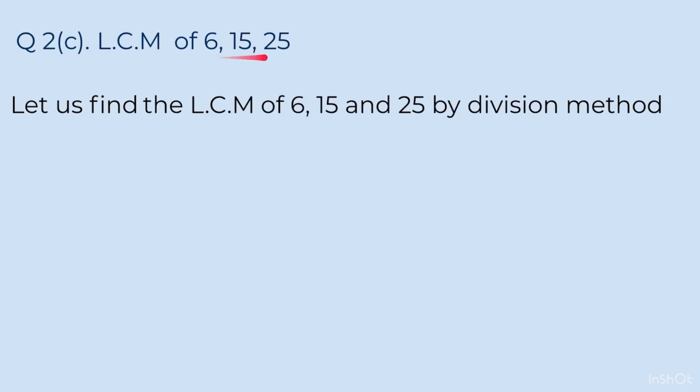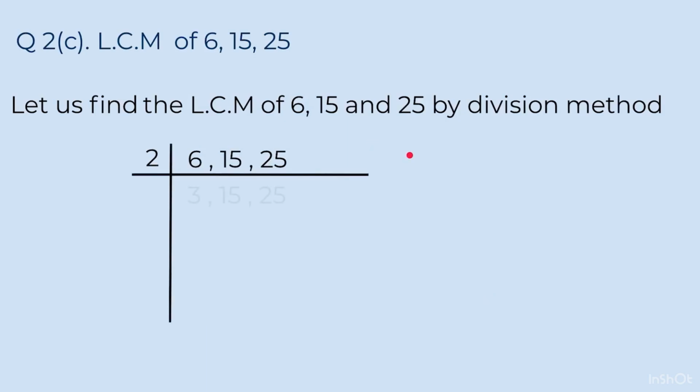LCM of 6, 15 and 25. We'll start by dividing by 2. We get 3. 15 does not divide, 25 does not divide, so we copy them as they are. Now none of them divide by 2, so we check with 3 and divide by 3. We get 1, 5 and 25. 25 doesn't divide, so we write 25 as it is.